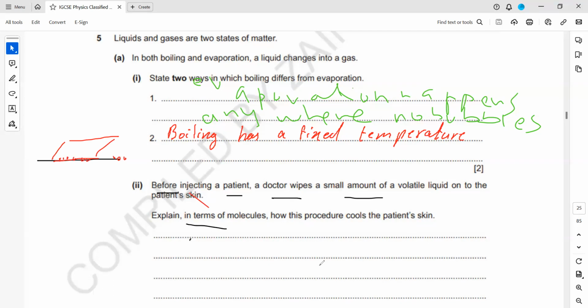You have to specify that particles absorb energy from the surroundings and they escape and leave behind less energetic ones, but try to use the terms skin and volatile liquid. So here the most energetic molecules of the volatile liquid gain energy from the skin and they escape. The molecules which are left behind will have low energy, so the temperature of the skin will decrease.